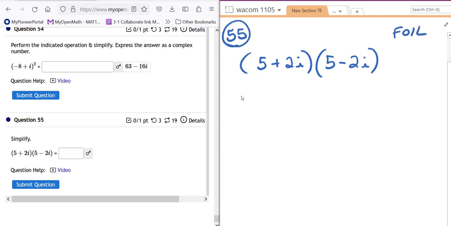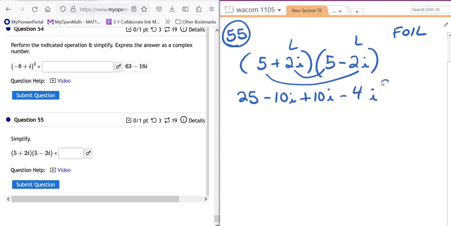So first term's 5 times 5 is 25. Outside is a minus 10i. Inside is a plus 10i. And last is a minus 4i squared. i squared will give us negative 1 times negative 4 gives us plus 4.